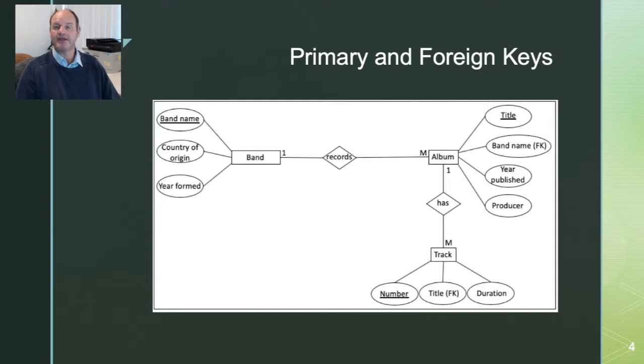The foreign key with an FK after it will always go to the many side, shown by the letter M. To remind you, a primary key must contain unique values, so each row, tuple, can be identified.